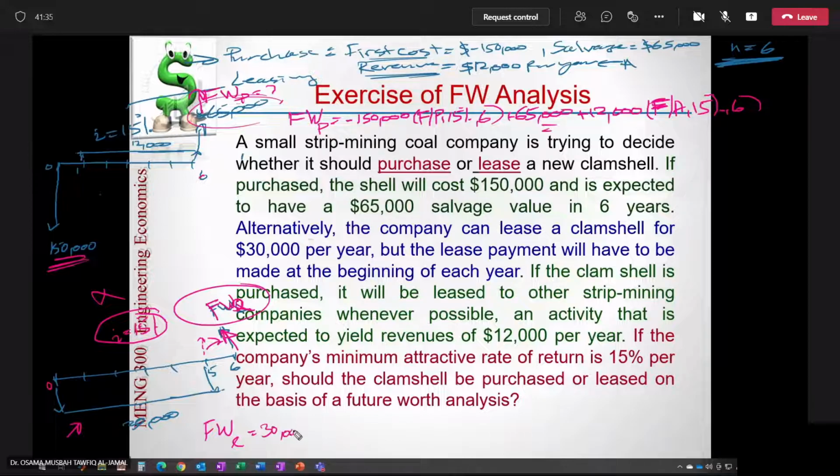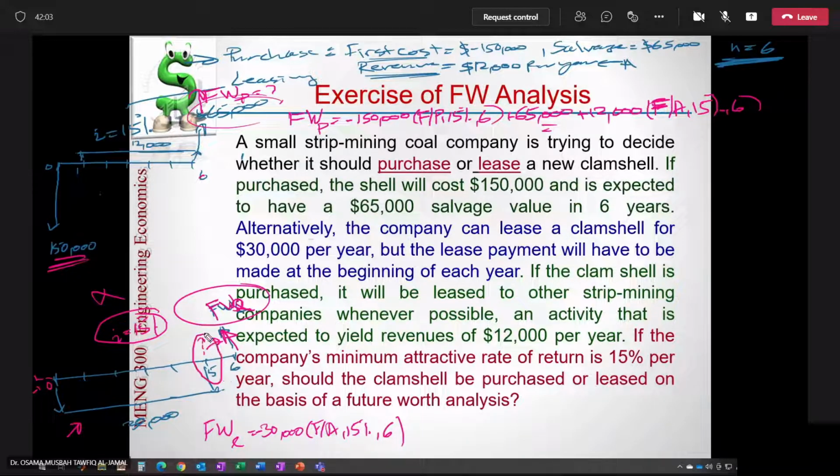30,000 F given A 15%. How long? Total minus. 30,000 F given A 15%. For how long? 6. 5. Thank you, Lubna. 5 minus 1. 6. But where are we now?